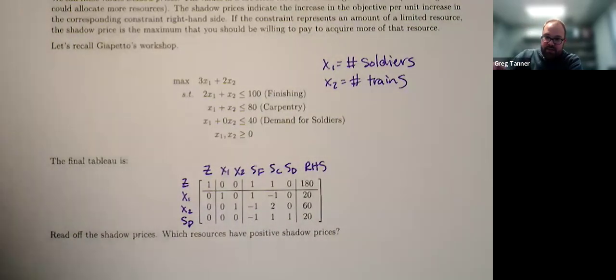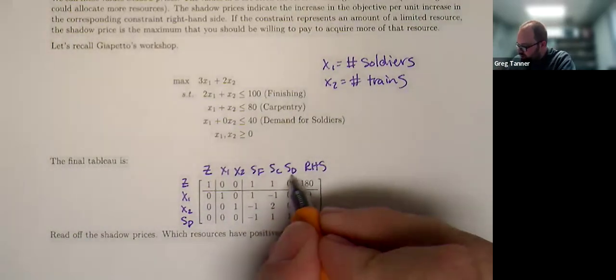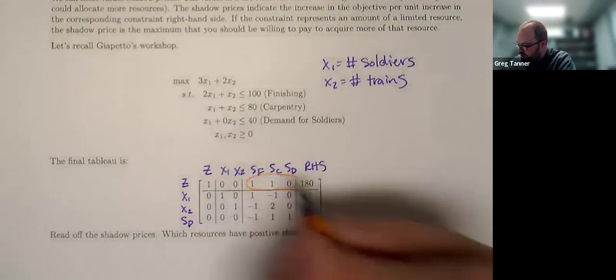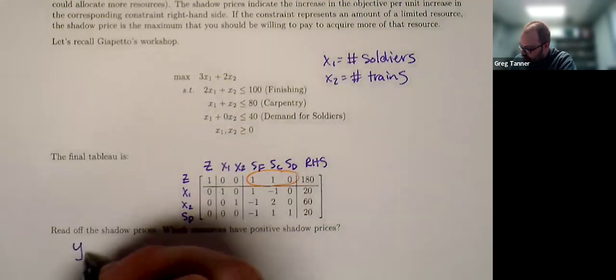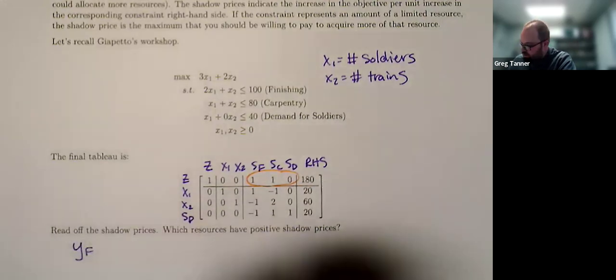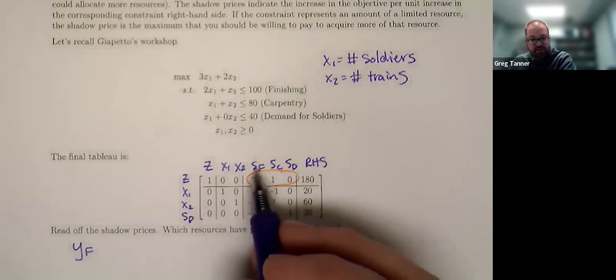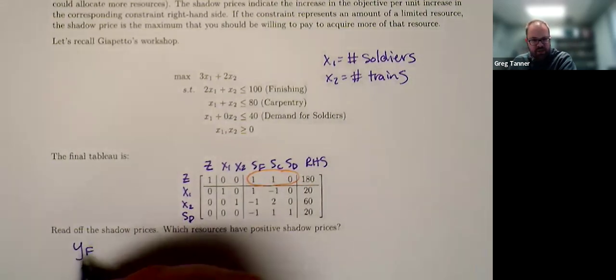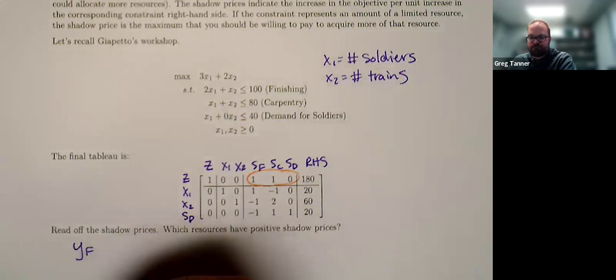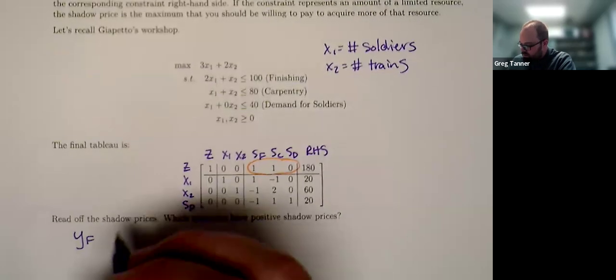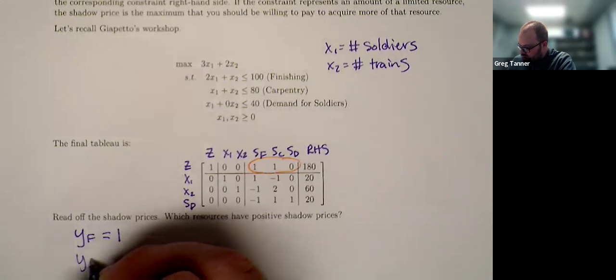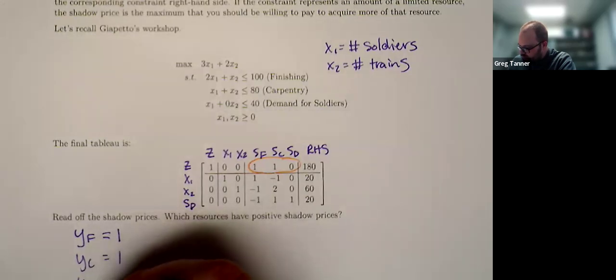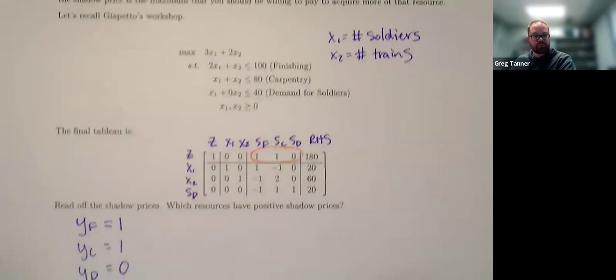The shadow prices are the values underneath the slack variables in the objective row. I'll call this one Y finishing because it's the value underneath slack for finishing. There's essentially a shadow price for each of the constraints. So Y finishing is 1, Y carpentry is 1, and Y demand is 0.